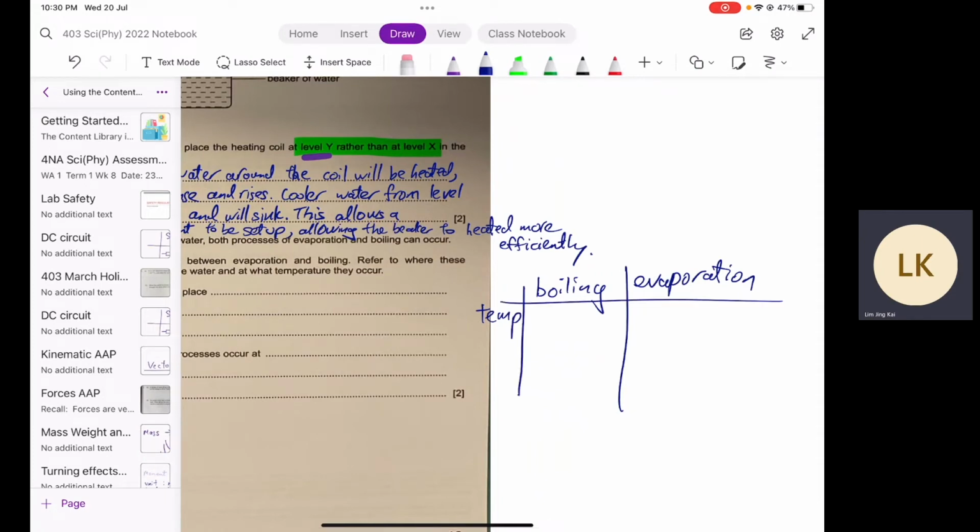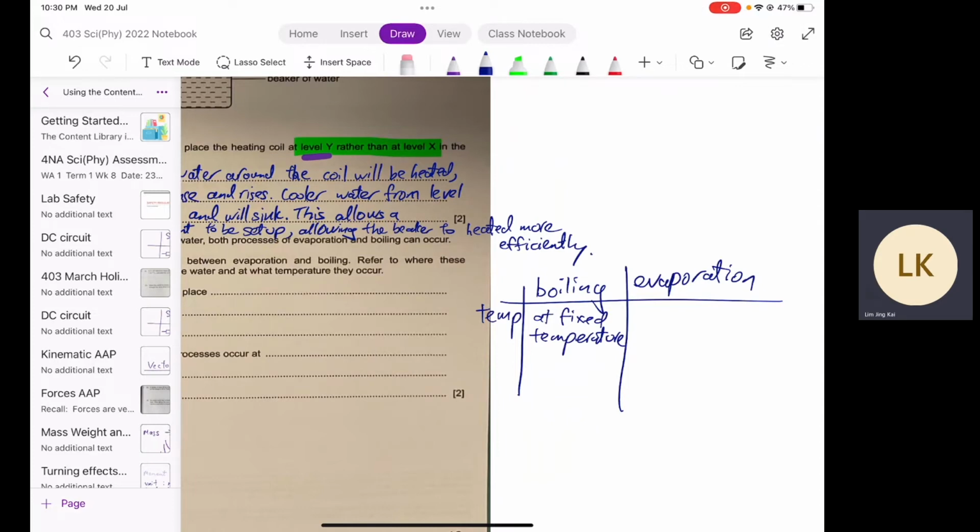So for temperature, boiling occurs at a fixed temperature. One thing to take note is that boiling is not always at 100 degrees Celsius. The boiling point of water is 100 degrees Celsius, but for all other substances, it is not at 100 degrees Celsius.